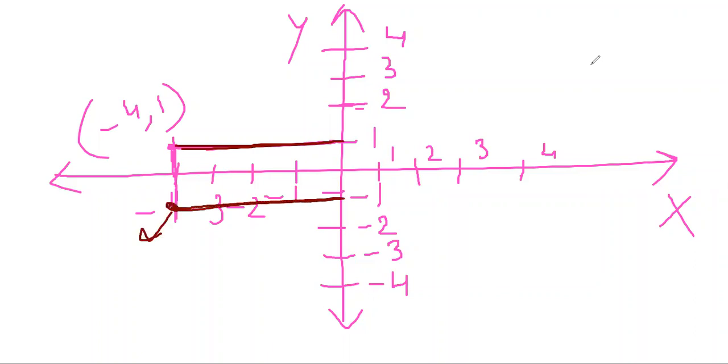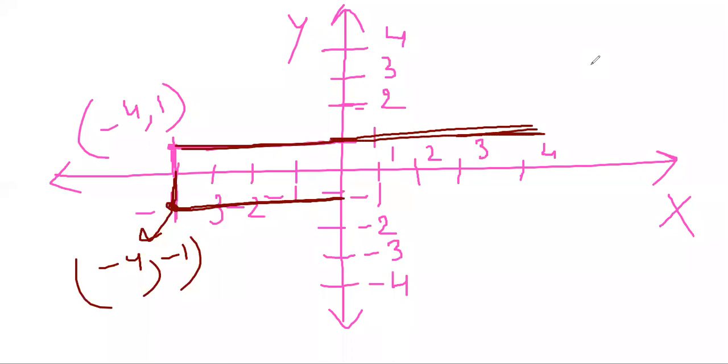This point will be x -4, y -1, right? In fourth quadrant. और अगर आप इसकी इमेज y पे लेंगे, so you will go like this. 4, और ये आपके पास distance here 1. This point will be the mirror image in y axis. So this point is x 4, y 1, right?